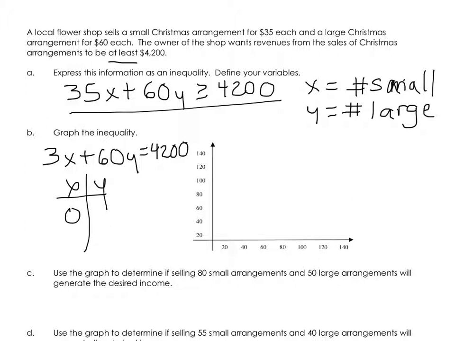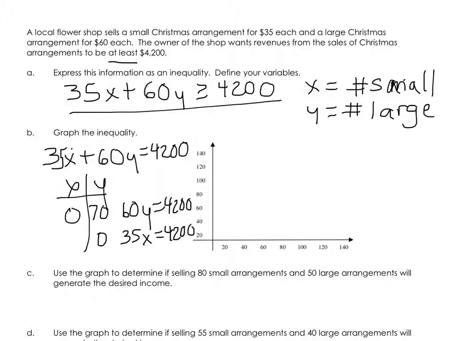If x is 0, then we have 60y equals 4,200. That means y is 70. If y is 0, we have 35x equals 4,200.